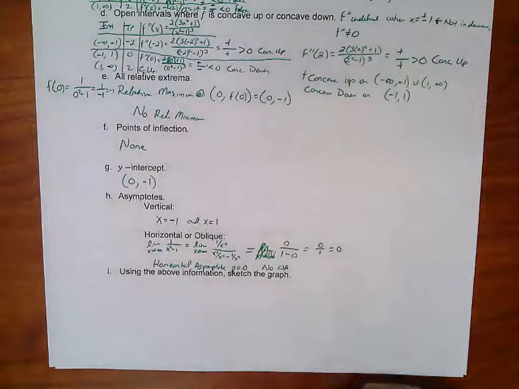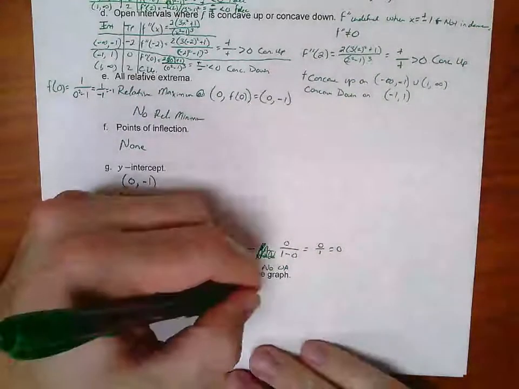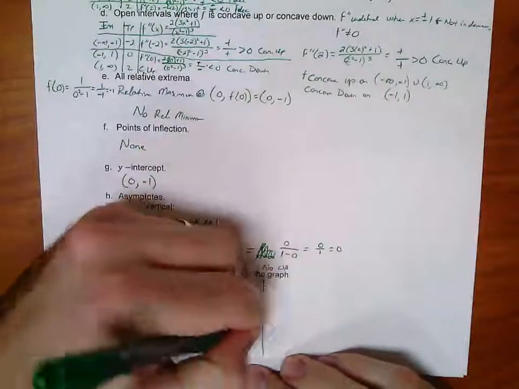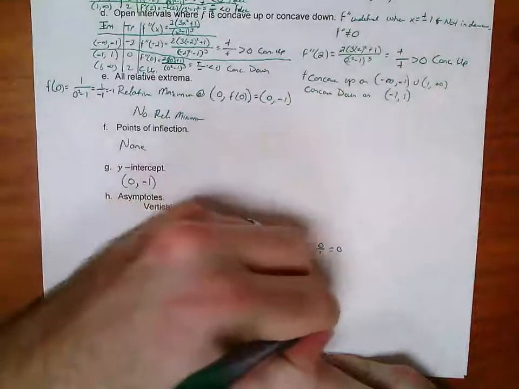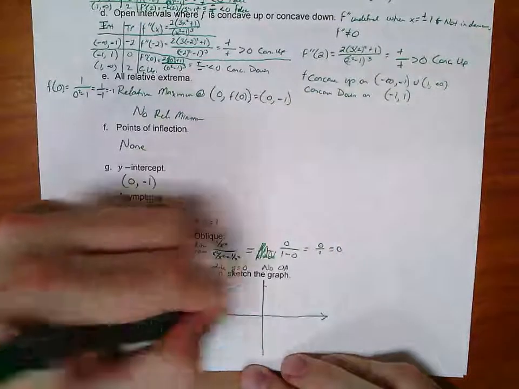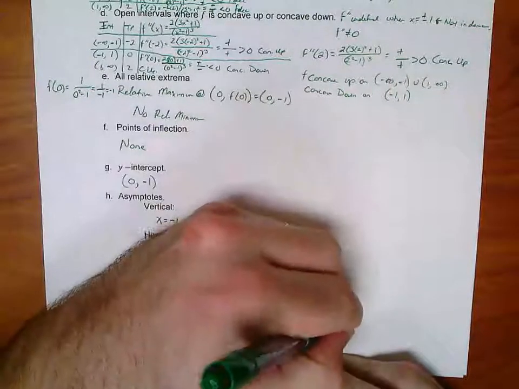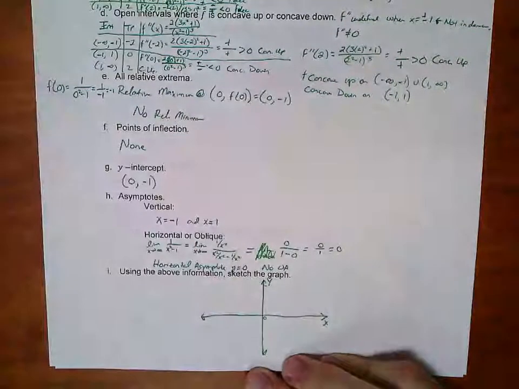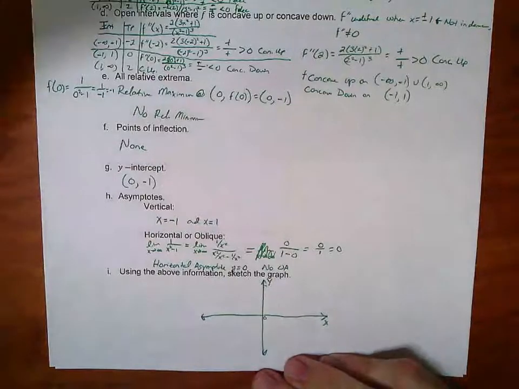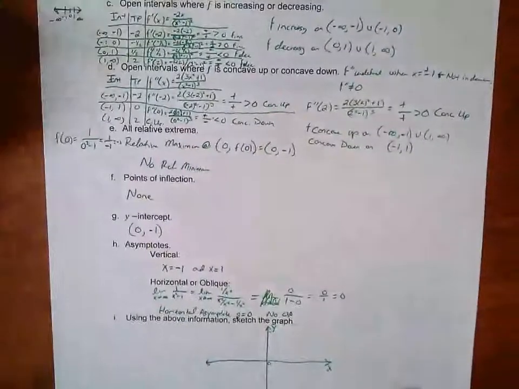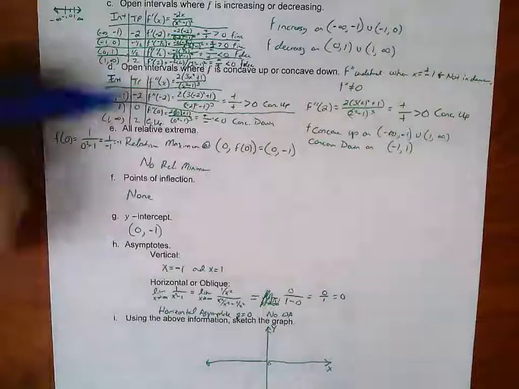And so now let's put all of this together and sketch our graph. So if I draw my axes in here, and I expect you to label everything. So here's my y-axis, my x-axis, there's my origin. And so going back, usually I start out by plotting my asymptotes first.